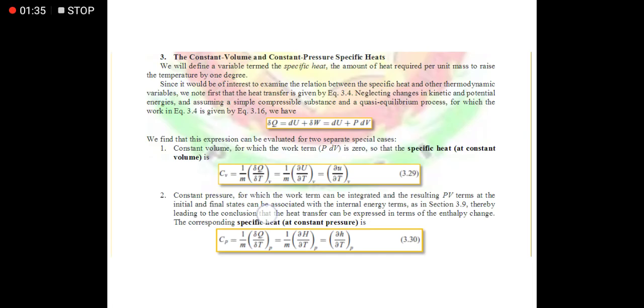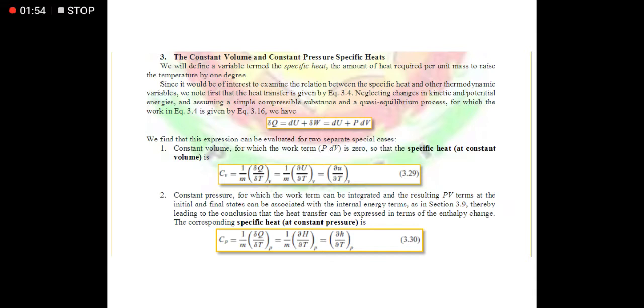This would be the simplification, no? For this specific heat at constant volume at saka constant pressure, minsan nangyayari 'to siya sa mga objects in which it has a lower density.